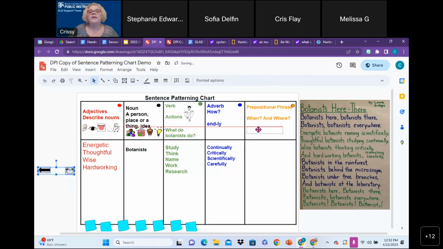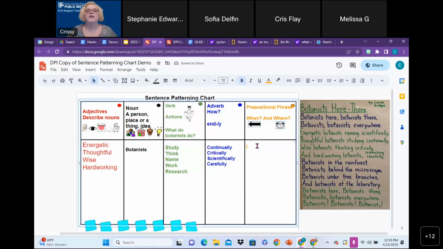So, when and where, the direction sometimes, the time of day, the time on the clock, they're going to tell us when and where something is happening, okay? So, let's see if we can put our heads together and come up with some prepositional phrases.